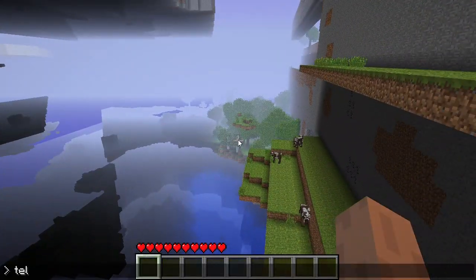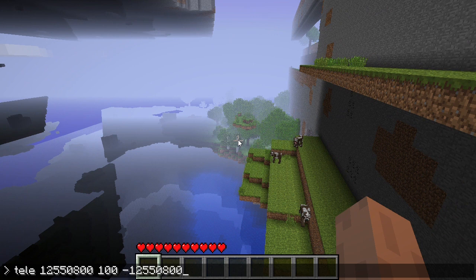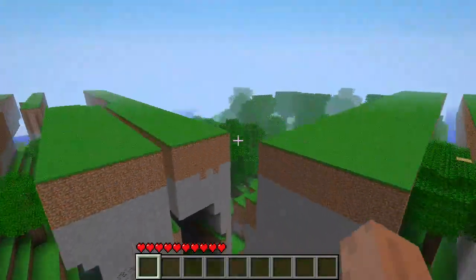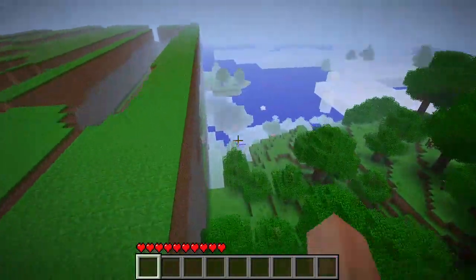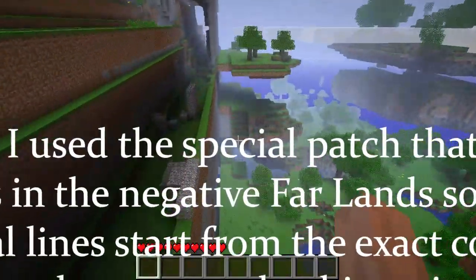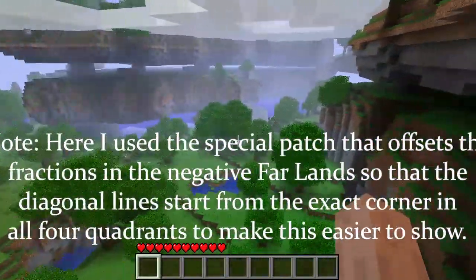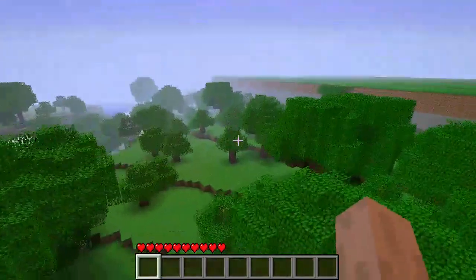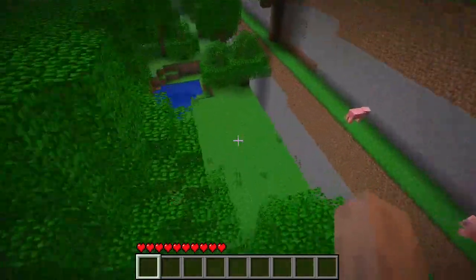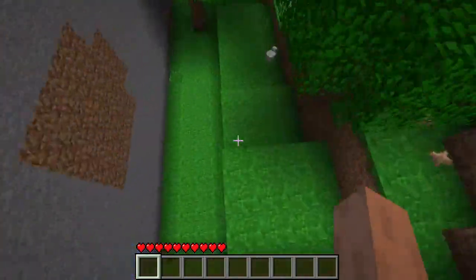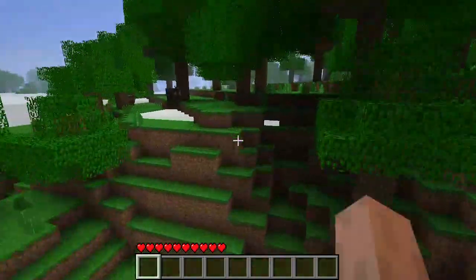So if we teleport to the northeast quadrant here, you will see that its z side is pretty much exactly the same as that of the main quadrant. But as we go toward the x side in this quadrant, it gradually morphs into an inversion of the x side of the main quadrant.